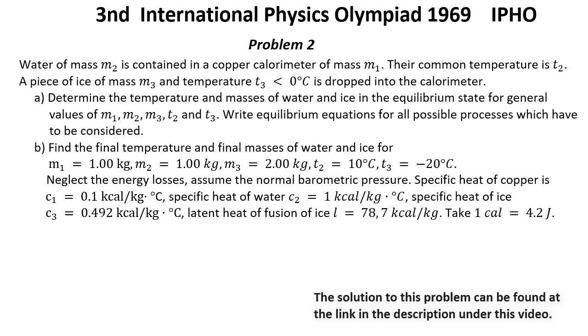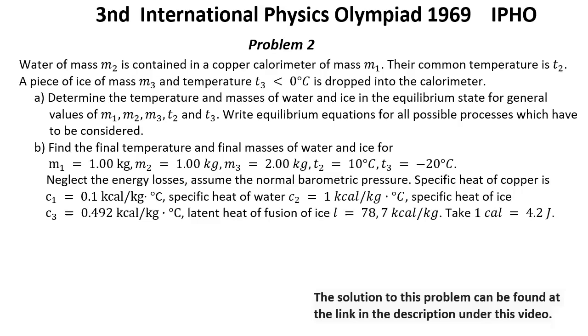Specific heat of copper is C1 equal 0.1 kilocalorie per kilogram per degree Celsius. Specific heat of water C2 equal 1 kilocalorie per kilogram per degree Celsius, and the specific heat of ice is C3 equal 0.462 kilocalorie per kilogram per degree Celsius.